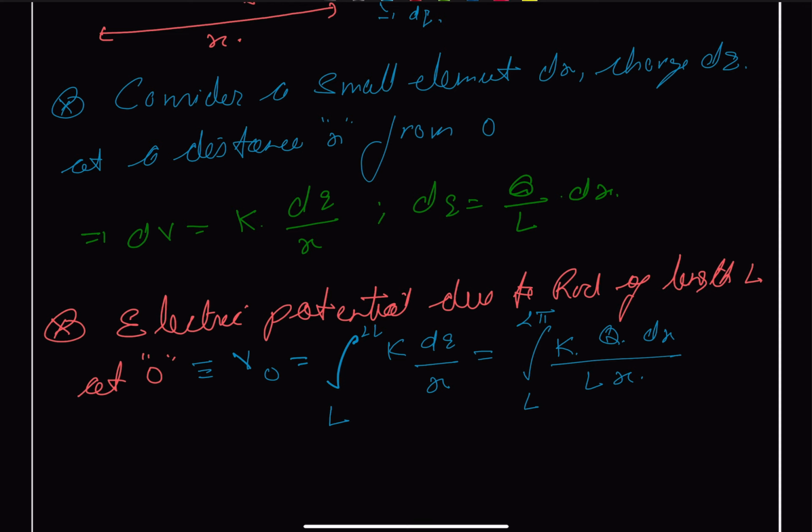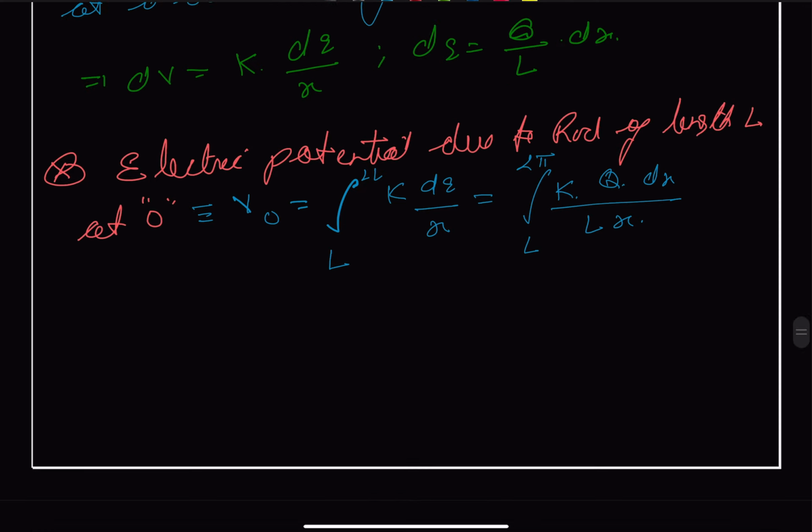Now let us sort it out. So we get V naught will be equal to, k is 1 upon 4 pi epsilon naught, and this is Q upon L, and integration from L to 2L of dx upon x. So integration is nothing but natural log of x.